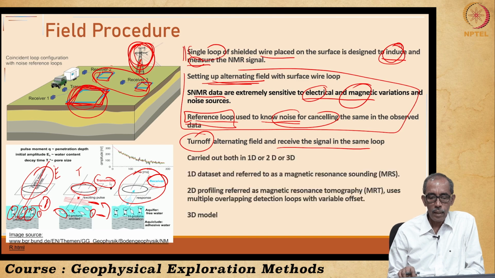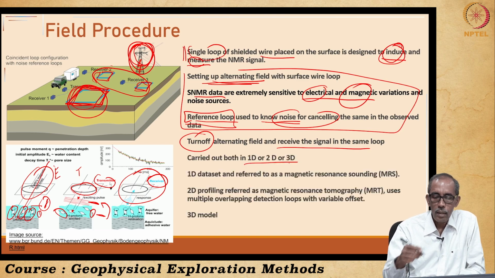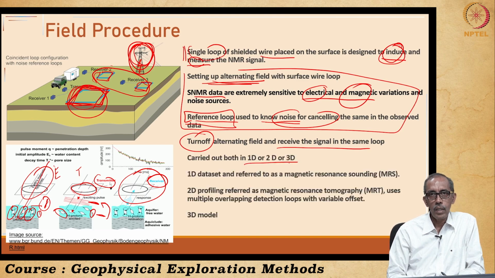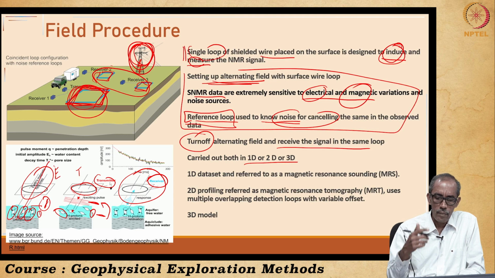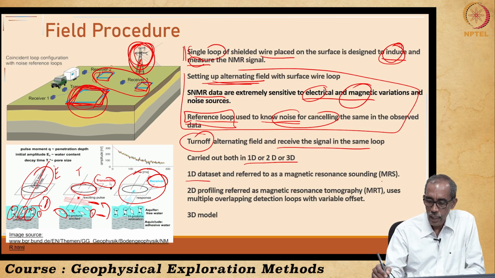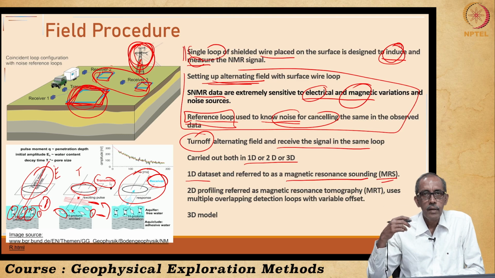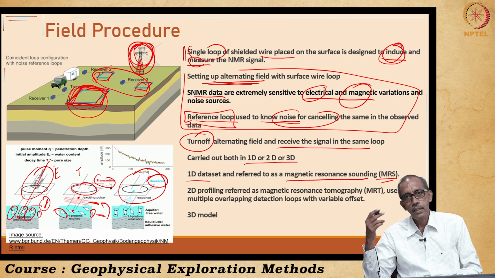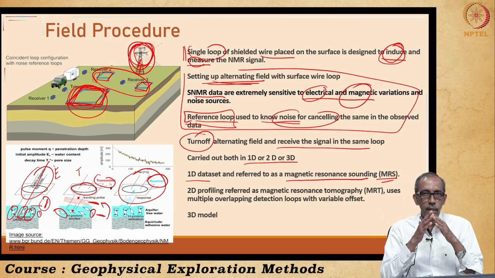So, the survey can be carried out in all the dimensions, either 1D, 2D or 3-dimensional, something similar to the electrical resistivity survey, right. So, here a 1D data set can be obtained. This is usually referred to as MRS, magnetic resonance sounding. We use more or less similar words as in vertical electrical sounding. In vertical electrical sounding, what did we do?